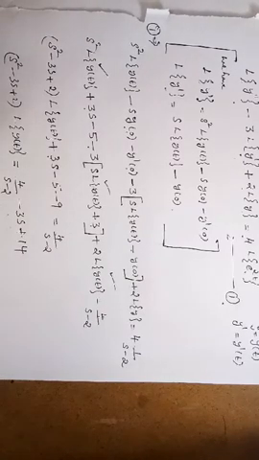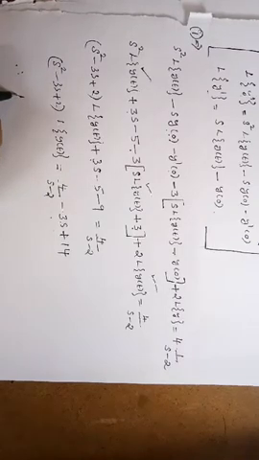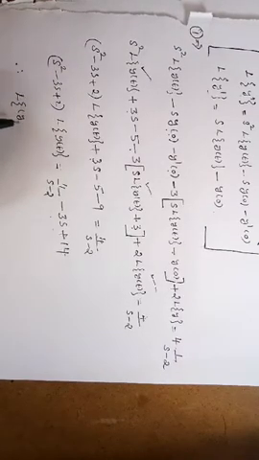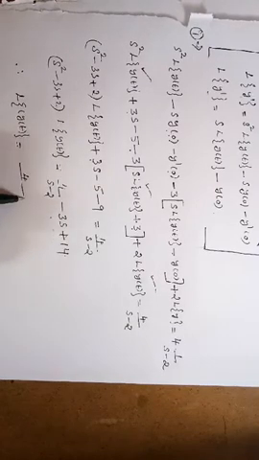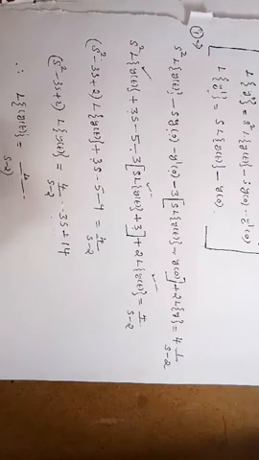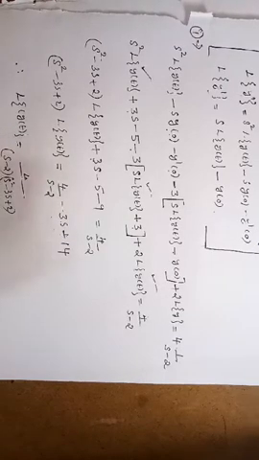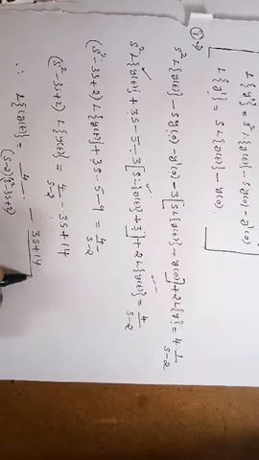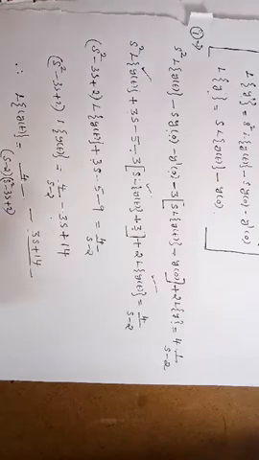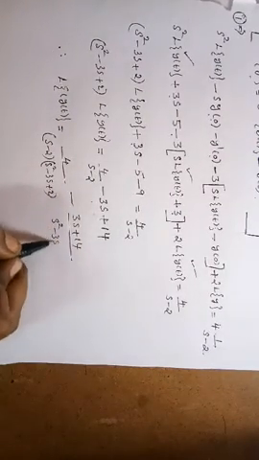Therefore L of y of t equal to 4 by s minus 2 into s square minus 3s plus 2, minus 3s plus 14 divided by this term s square minus 3s plus 2.